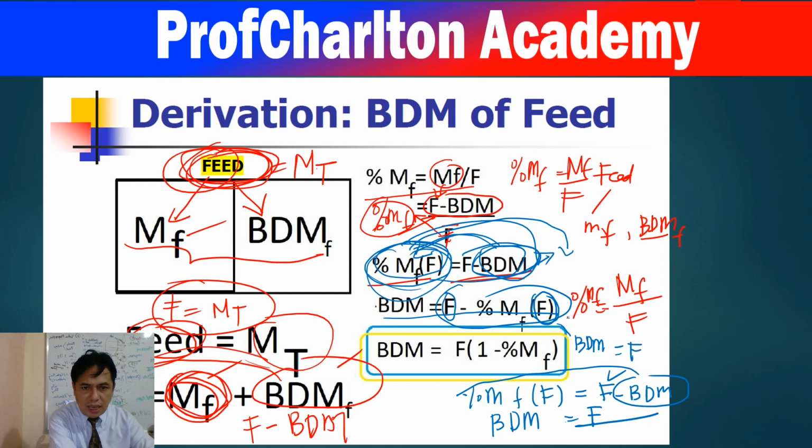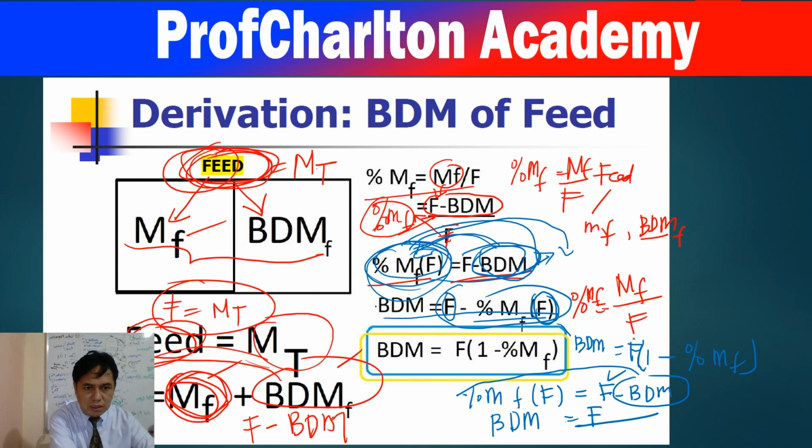So in order to get the F, I have to multiply this by 1, and then to get this term, percent M, and then F, I have to put that in minus, right? So minus percent MF.